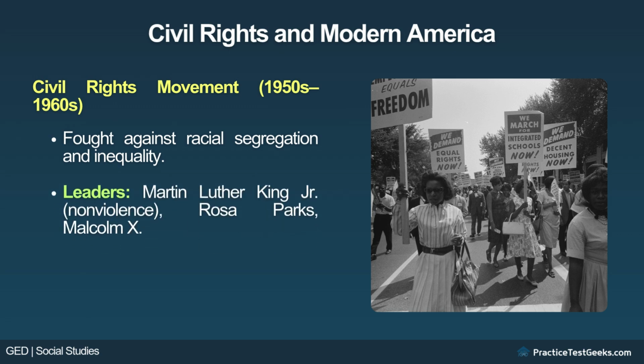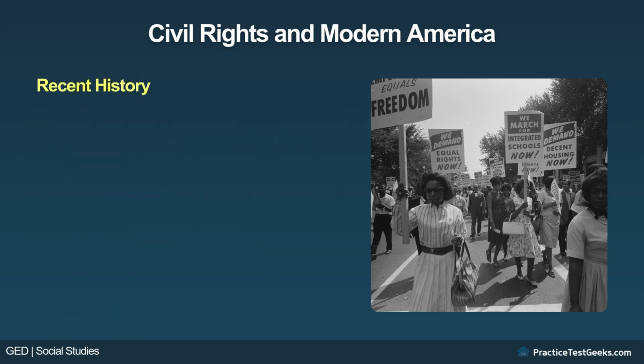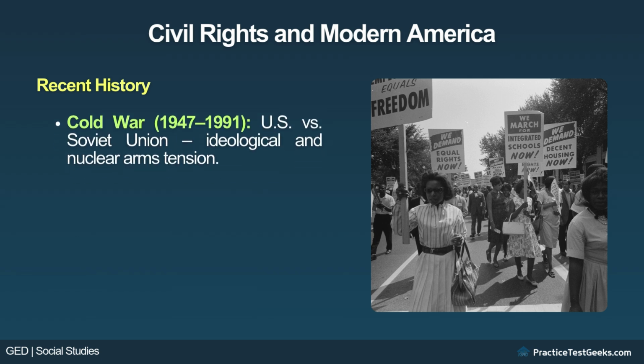Key figures included Dr. Martin Luther King Jr., who led nonviolent protests, Rosa Parks, whose arrest sparked the Montgomery bus boycott, and Malcolm X, who advocated for Black empowerment. Major laws like the Civil Rights Act of 1964 and the Voting Rights Act of 1965 outlawed discrimination and protected voting rights.